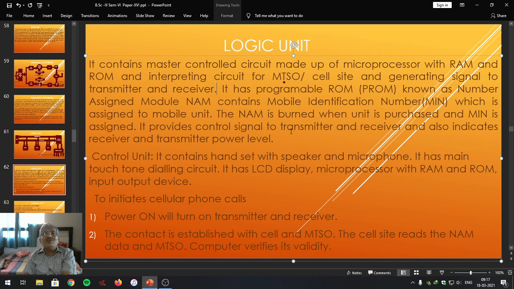It provides the control signal to the transmitter and receiver and also indicates the receiver and transmitter power level. Such an important unit that is used to control almost all the logical aspects of the entire mobile communication is known as the logic unit.